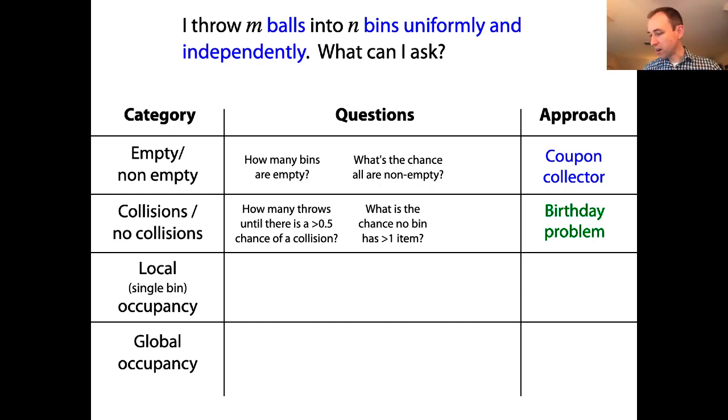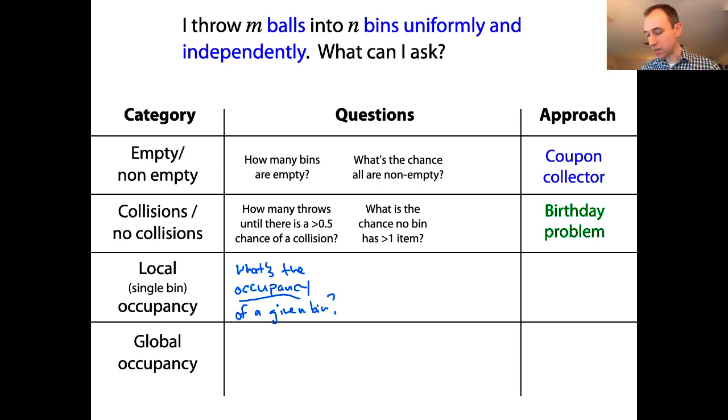Another category is questions about how many items there are in a particular bin, in a single bin, or how many items there are in a particular bucket of the hash table. So, obviously, what's the occupancy, the number of items, of a given bin?